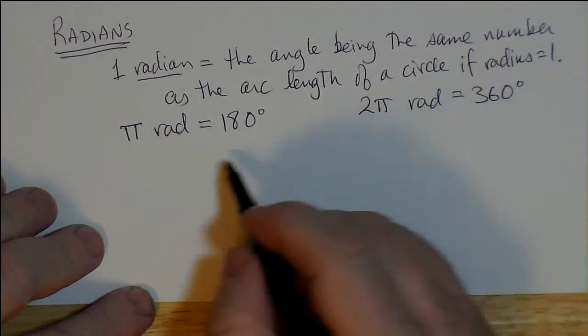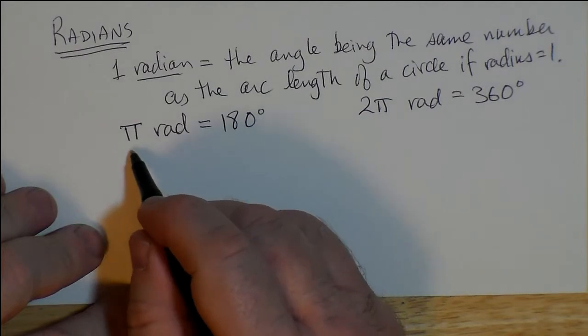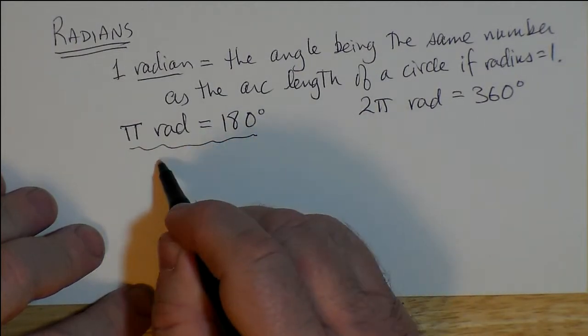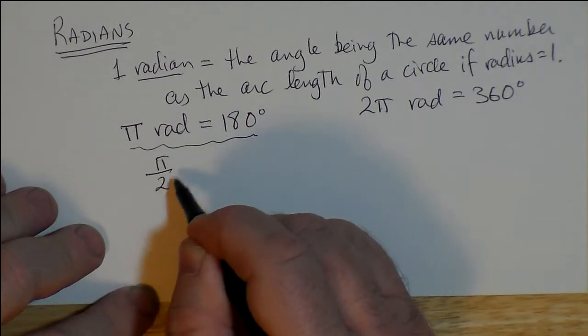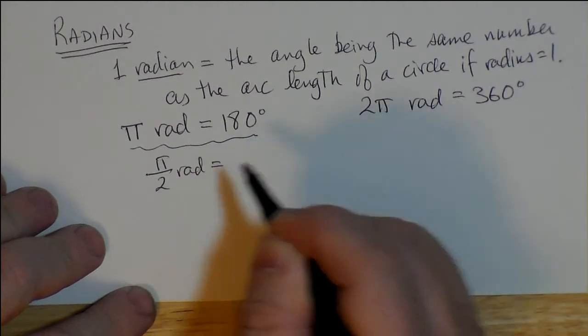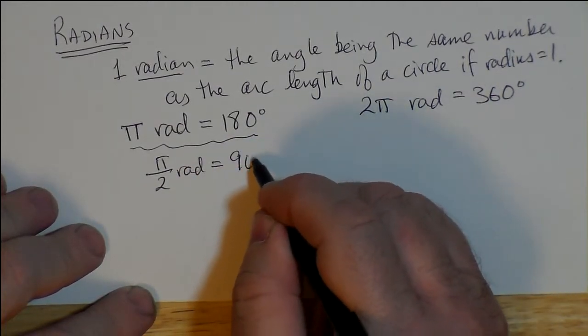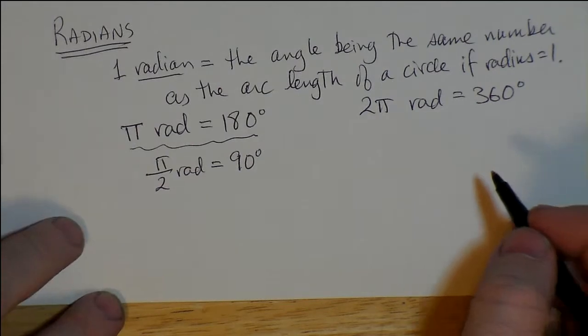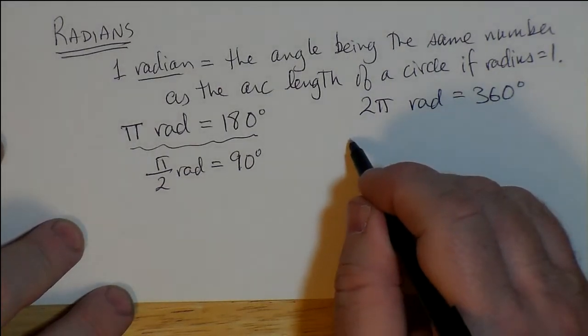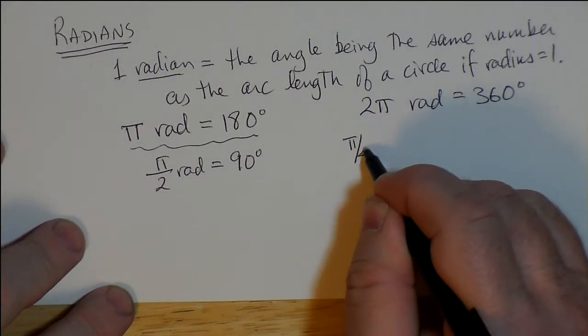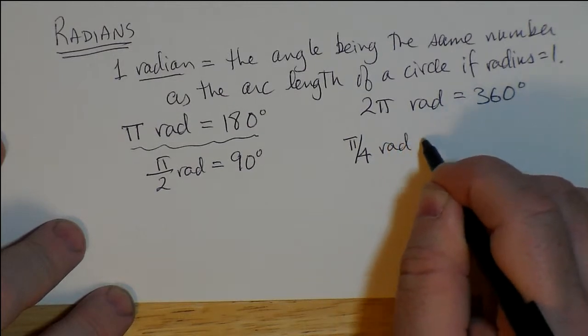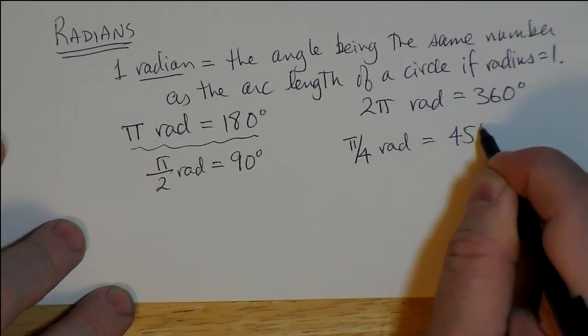Pi radians is 3.141 radians approximately, and that approximates to 180 degrees. 2 pi radians is 1 trip around the circle, or 360 degrees. Pi over 2 radians, half pi radians, is 90 degrees. Pi over 4 radians is 45 degrees.